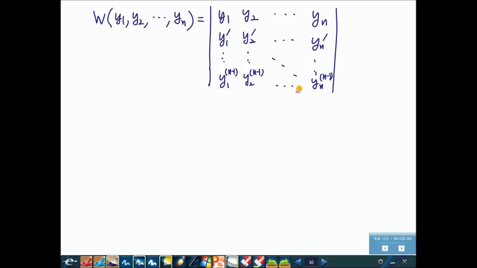That's the fully generalized Wronskian to the nth order. You can check the linear independence of n functions.